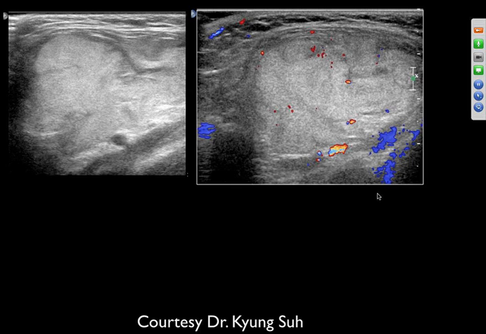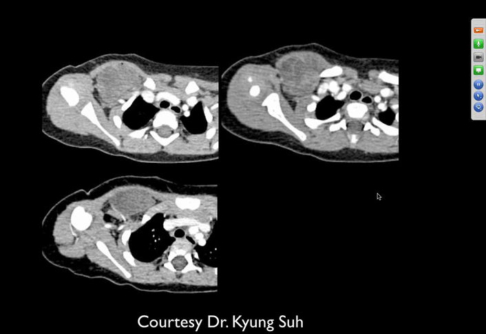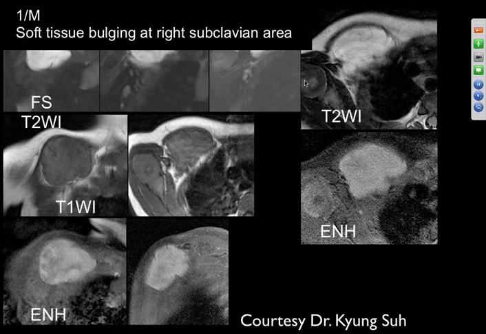So it's solid, there's internal flow. So some type of something like myxoma or... Yeah, it's kind of a low density. This turned out to be a lipoblastoma. Here it's low density, but this looks much dirtier than the myxoma that we saw before. But it's low density probably because of the fat within it.